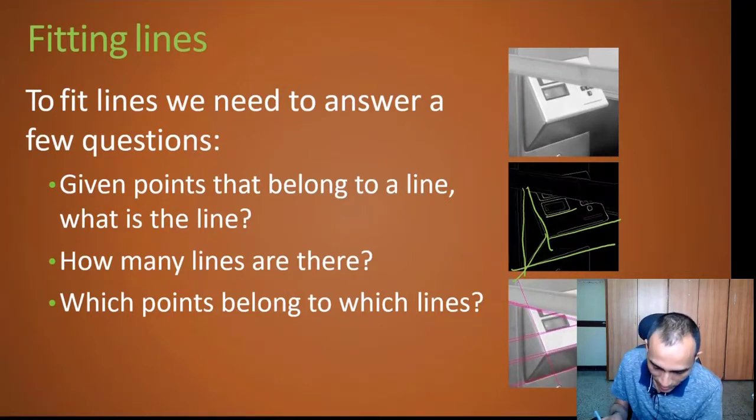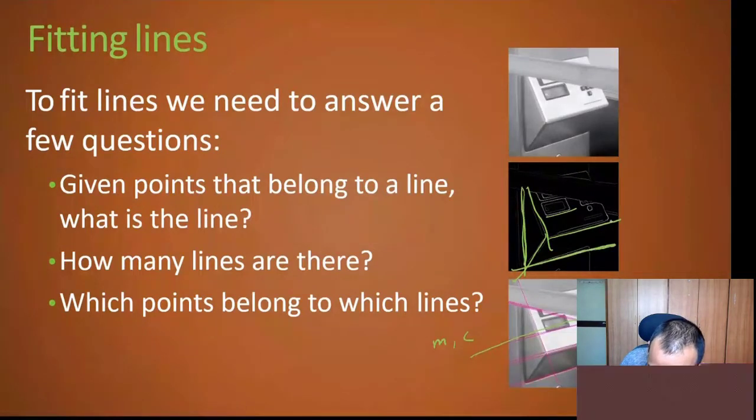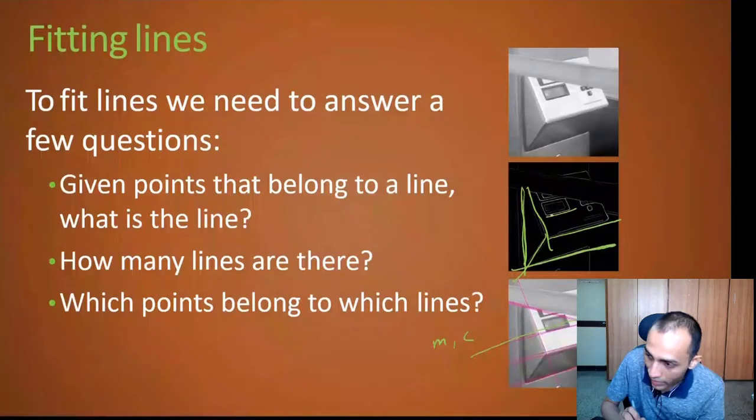So how can we do this? Not only do we have to detect a single line, but there are multiple lines. Ideally our algorithm will just give the parameters, the slope m and the intercept, so we will be able to draw the entire line across the image. But let us say we don't want to draw the entire line, we only want to draw those points which actually lie on that line.